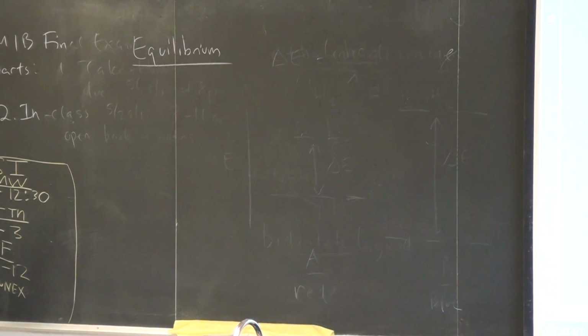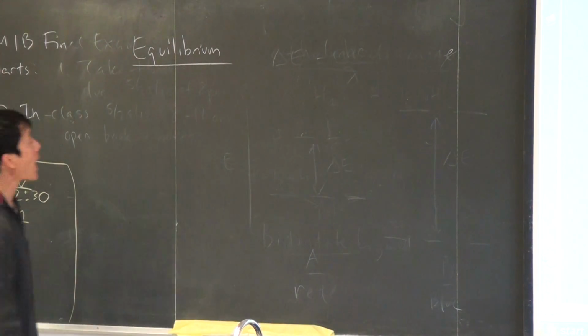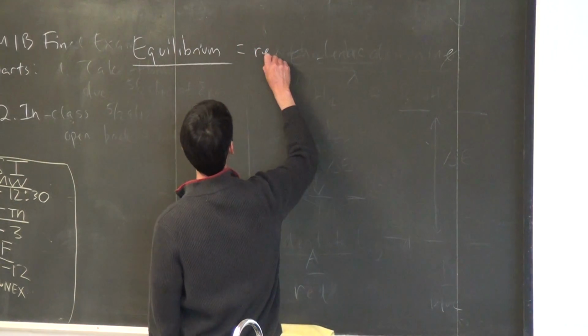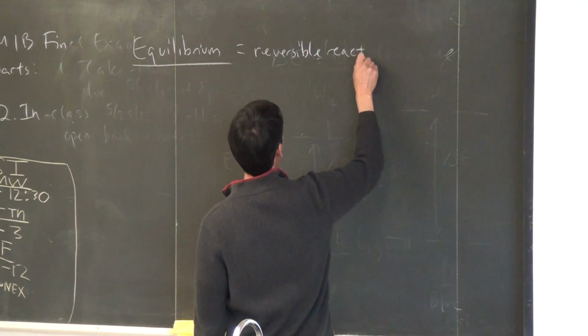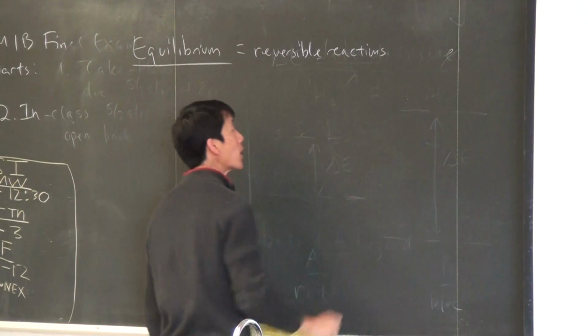But an equilibrium reaction goes in the forward direction and in the reverse direction, so equilibrium reactions are also called reversible reactions. And how can we quantify an equilibrium reaction?